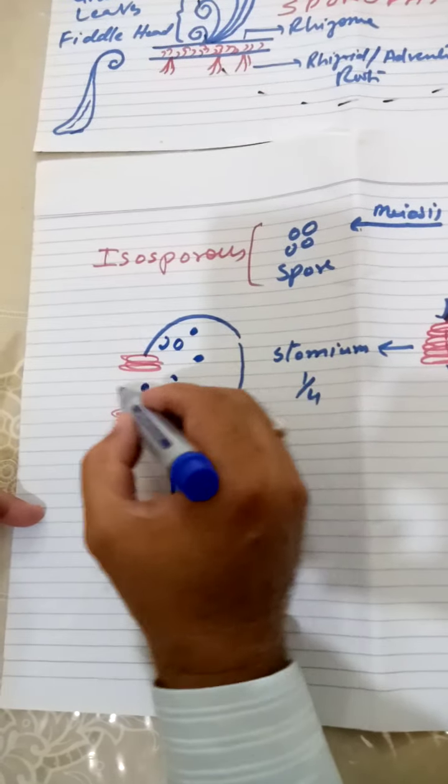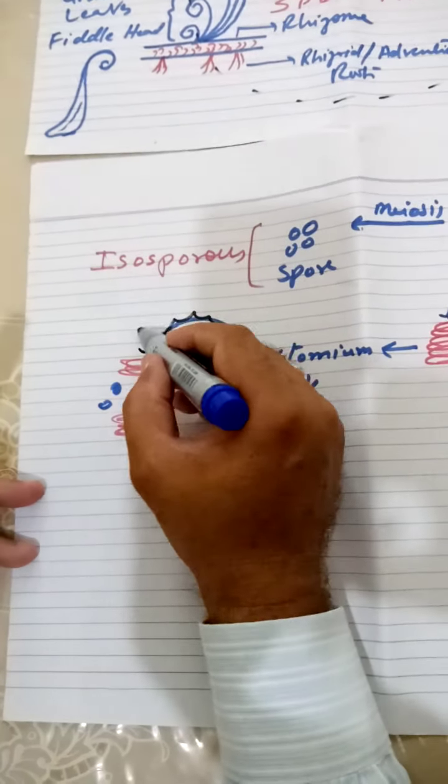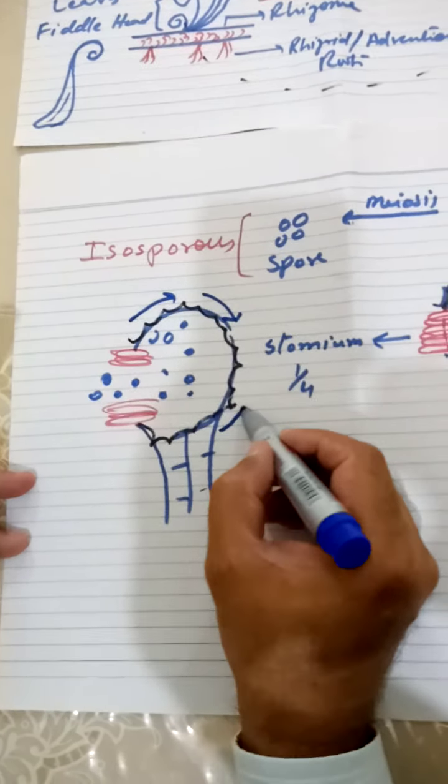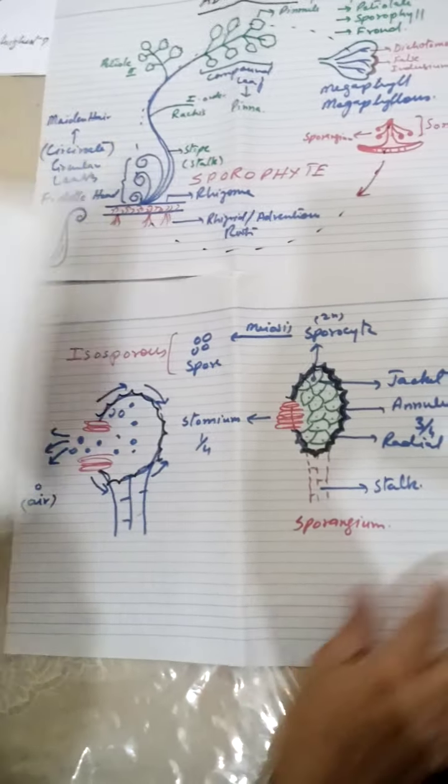When it dries, the annulus contracts, and the contraction of the annulus causes the spreading of the sporangia and the dispersion of the spores. These spores are dispersed by air. These are once again isosporous. That is the negative character of Adiantum.